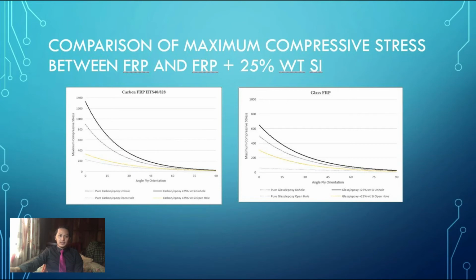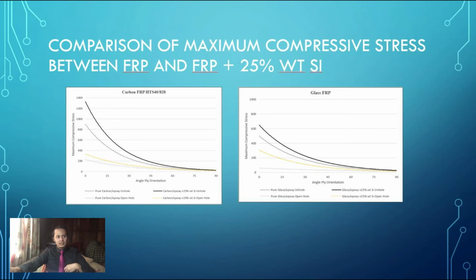Overall results of mechanical properties prove that the addition of silica improves the compressive stress of fiber epoxy composite higher than the result of fiber epoxy composite. Without silica, carbon epoxy composite denotes the best value of compressive stress among silica modified epoxy composite.